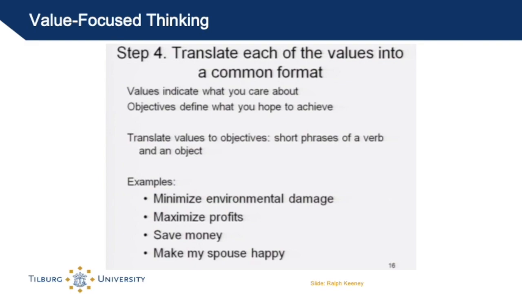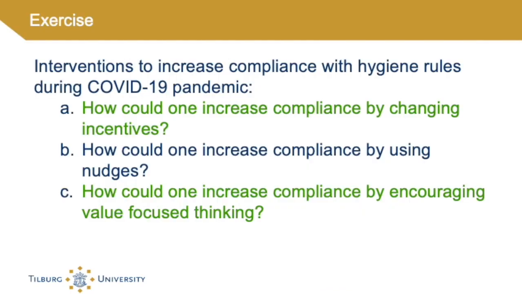So last but not least, I'd like to ask you to take some time, maybe plan between 10 and 15 minutes for this, for an exercise that ties together the ideas of incentives, nudges, and value-focused thinking.